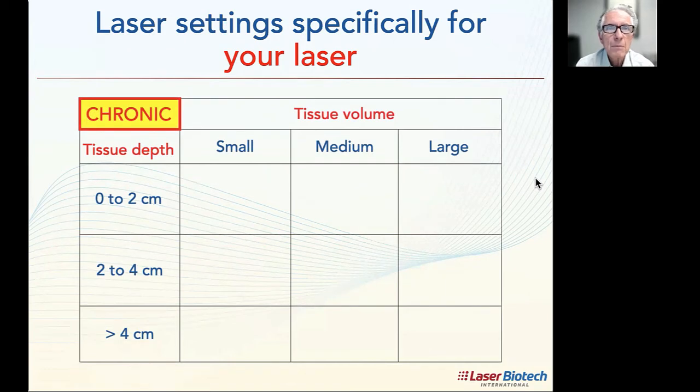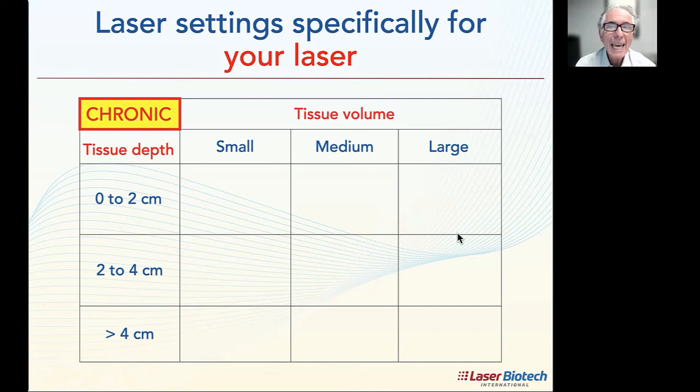And probably the most important thing, I'll show you how to build this table for your own laser. Here you have the tissue depth, the different target tissues, and the target tissue volume: small, medium, or large. In each case, whether it's chronic, acute or neuropathic, so there are 3 tables really, one for acute, one for chronic, and one for neuropathic pain.